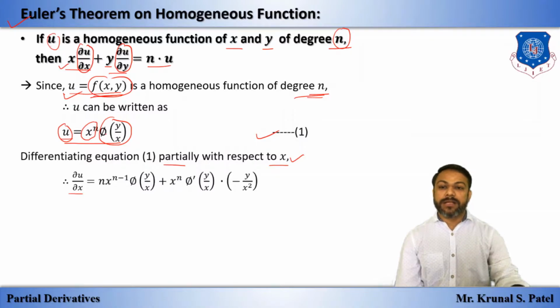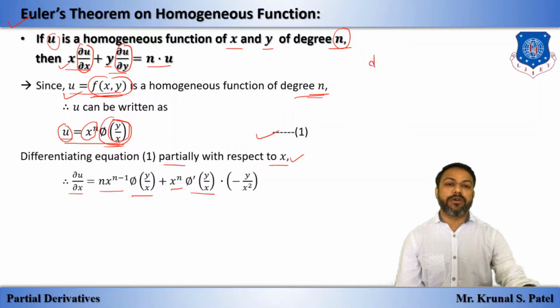We know that this term is as it is, that phi is as it is, and differentiation of x raised to n is n into x raised to n minus 1 plus, now x raised to n is as it is, and differentiation of phi of y by x. So differentiation of phi is phi dash of y by x into, by chain rule, differentiation of y by x.